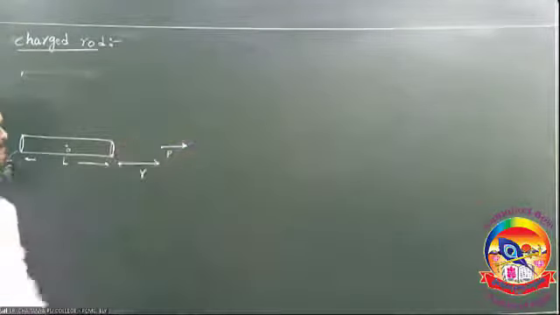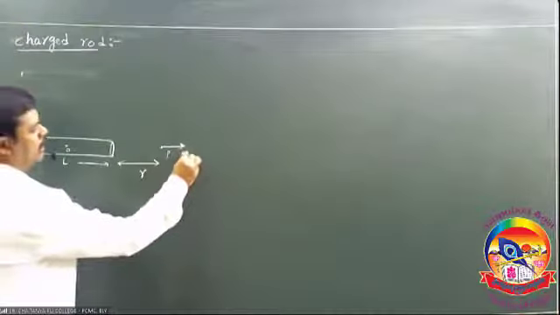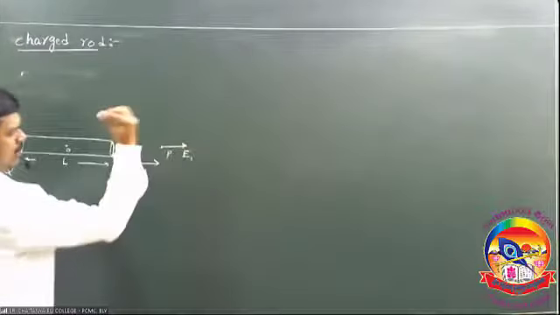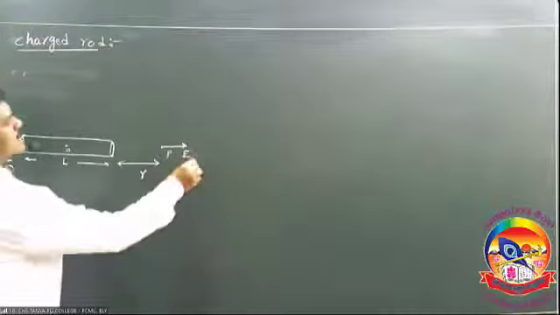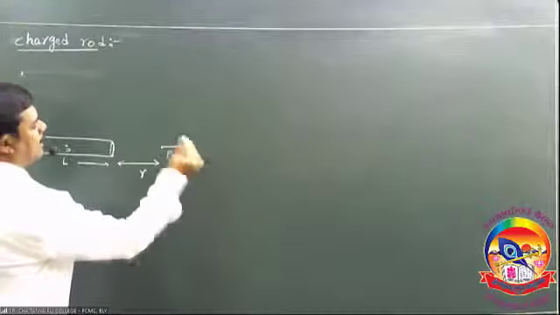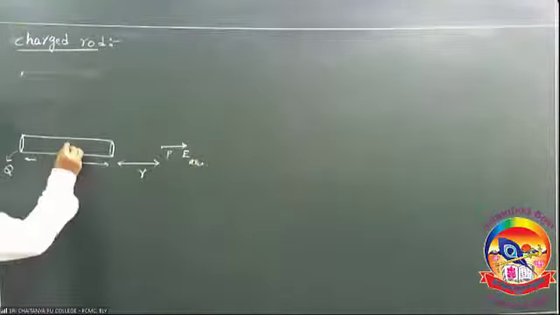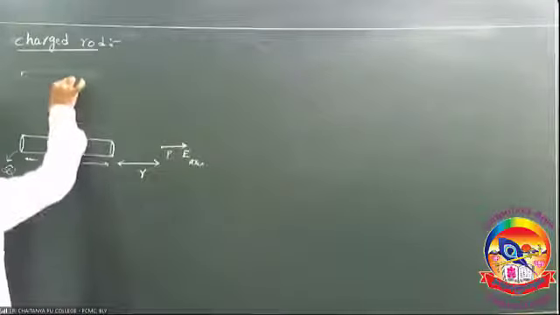So outward, P, the intensity on the axis, you can say here. And we discussed another point.